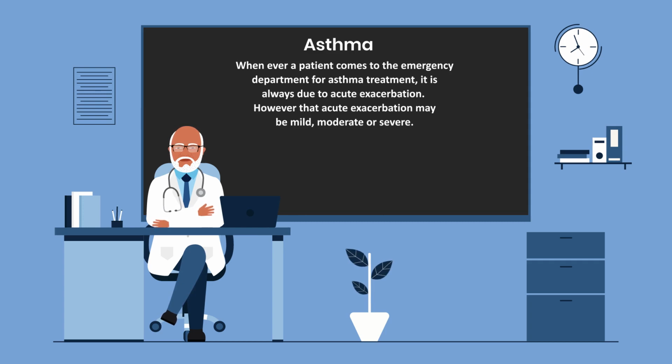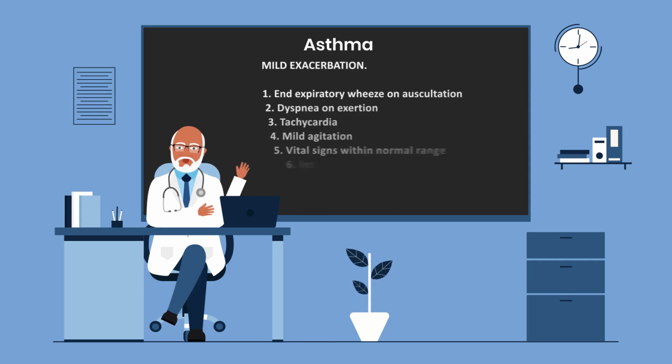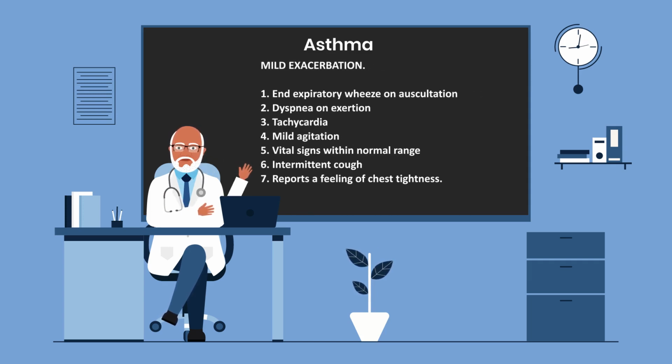Whenever a patient comes to the emergency department for asthma treatment, it is always due to acute exacerbation. However, that acute exacerbation may be mild, moderate, or severe. So let's look at each category with which they can present. Mild exacerbation.